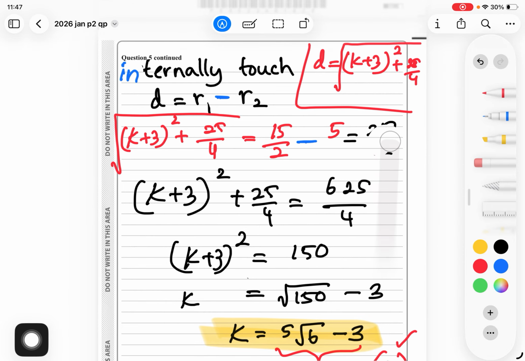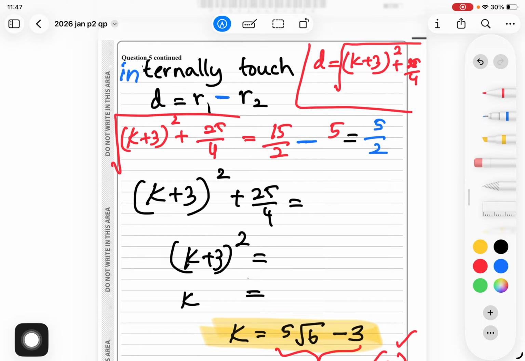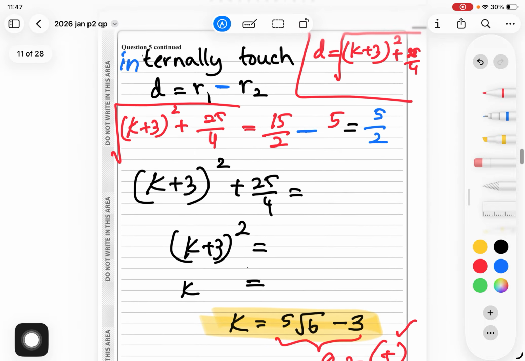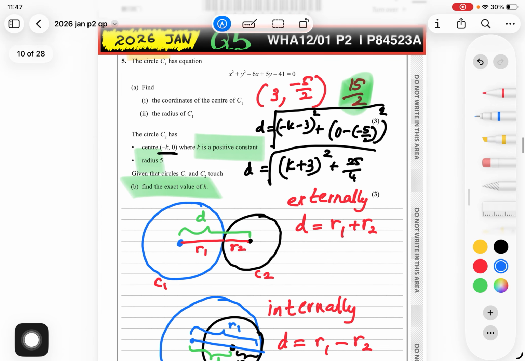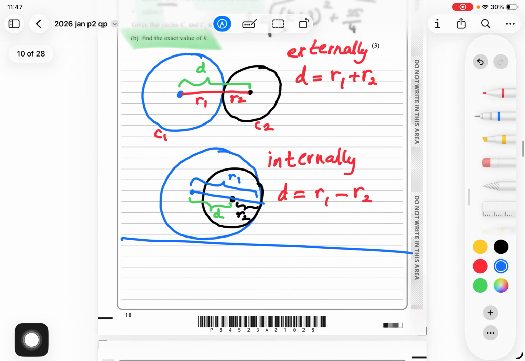So here it's not 25 divided by 2, it would be a different number, which is 5 divided by 2. Once you have 5 divided by 2, this might change. Let me write the positive answer quickly on the top so that we don't lose it. One answer was k equals 5 root 6 minus 3.